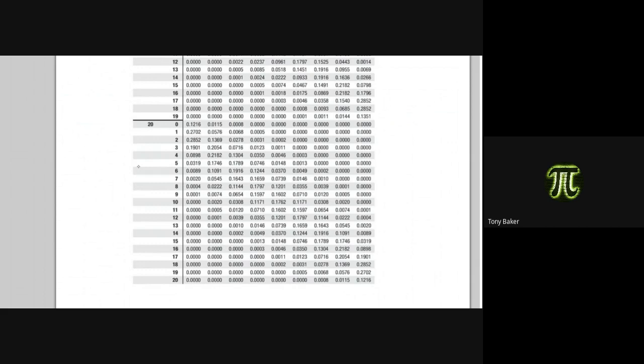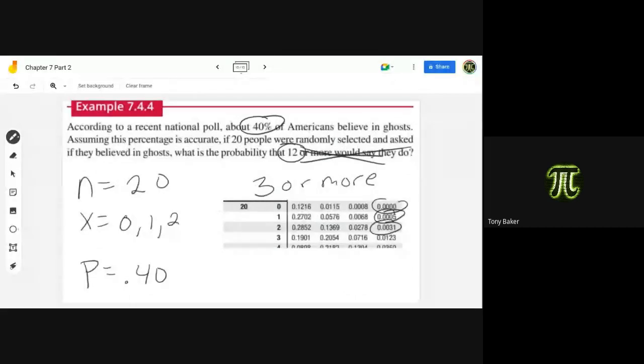So if I use the little chart, the cheat sheet that I told you about a second ago, so I don't have to use the formula, let's see how this works. I want 0, 1, and 2, so we're going to add those 3 together.